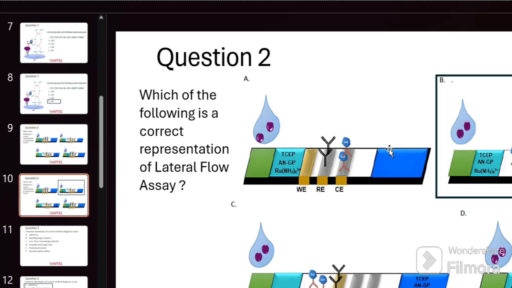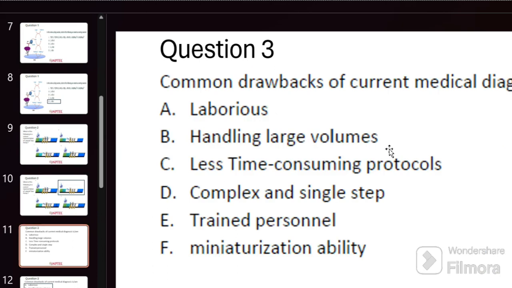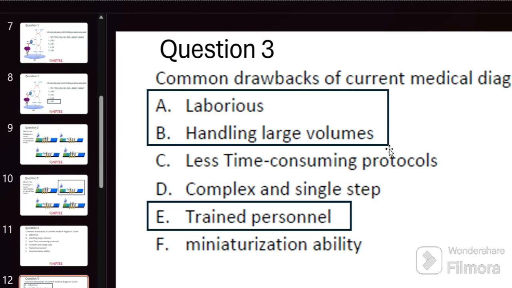The answer is B, because we have the primary detection antibody as well as the labeling before the sample reaches there. So when the sample reaches, it will have everything and then it will cause the reaction and you can detect the sample.